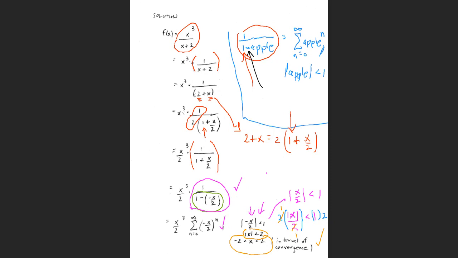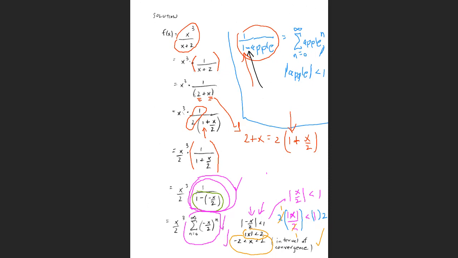So anytime I replace this function, 1 divided by 1 minus negative x over 2, and put in the power series, I right away identify the interval of convergence.